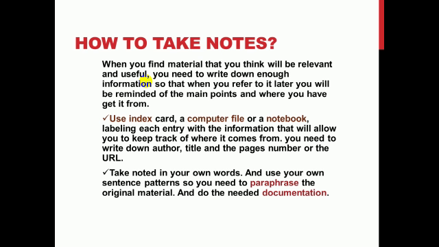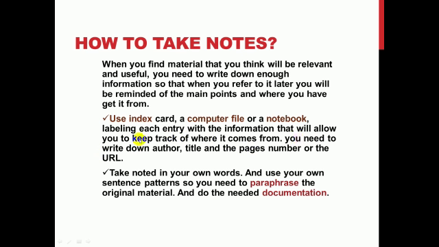Okay? Now, there are certain things you have to follow. For example, you can use an index card or a computer file or a notebook. And in these 3 forms, you can write down your notes, labeling each entry with the information that will allow you to keep track of where it comes from.